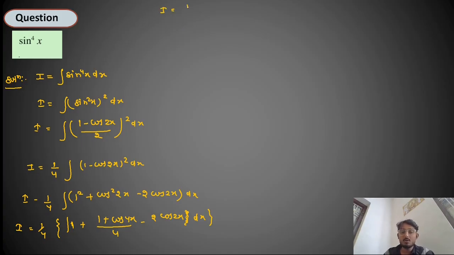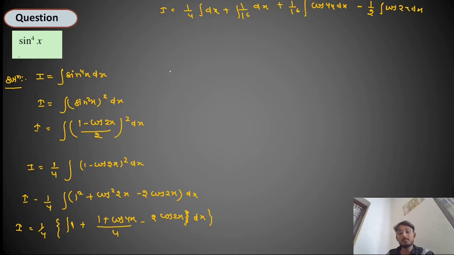I equals 1 by 4, you can separate all the terms: dx plus 1 by 16 dx plus 1 by 16 cos 4x dx minus 1 by 2 cos 2x dx.